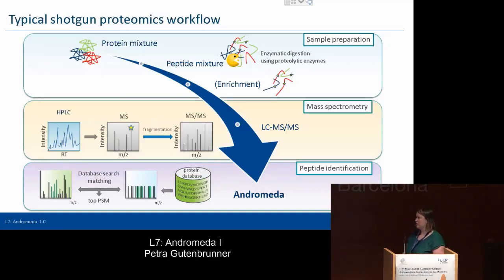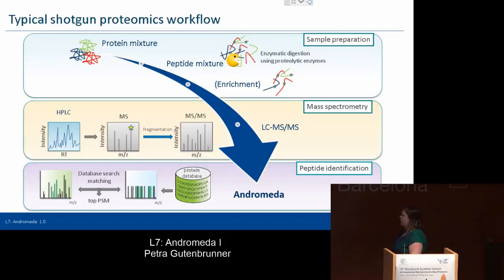This matching is called peptide spectrum matching, short PSM. Usually for one experimental spectrum, you have more theoretical spectra that could possibly explain it. Therefore, to tell which one is the better one, you have to validate them based on the Andromeda scoring. Then the PSM with the highest score explains the experimental spectrum.